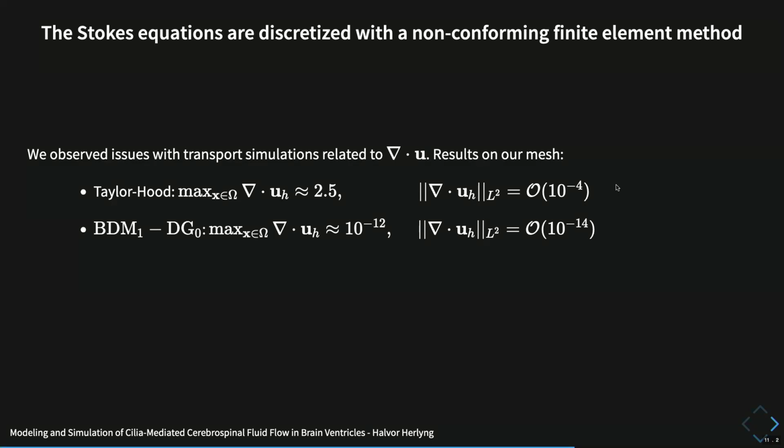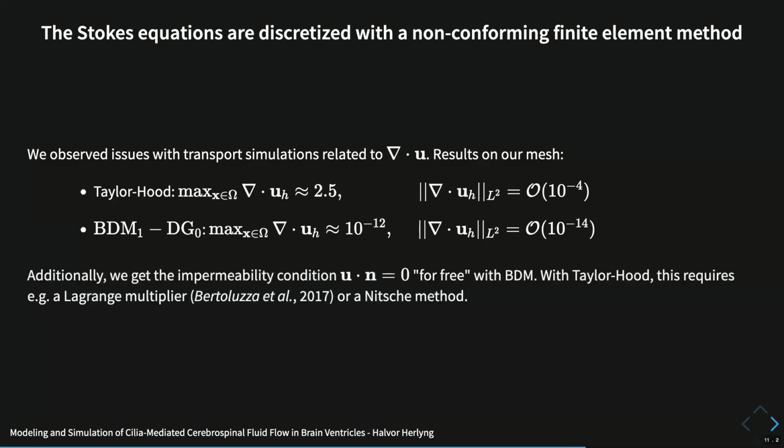This is the max velocity of the divergence when using P2, P1 elements, and this is the L2 norm, which is clearly not 0. And this is when using the BDM DG approach, which is in the HDiv space, and when you have these discontinuous pressure elements, you get exact mass conservation.